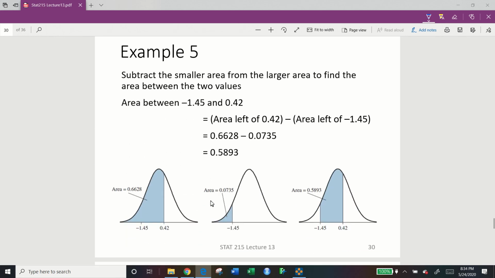And that's really what this slide 30 explains, that if we use the table and find the area to the left of 0.42 and subtract the area to the left of negative 1.45, we would get 0.6628 and subtract from it 0.0735 to get our final answer of 0.5893.